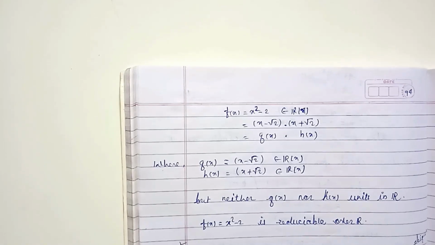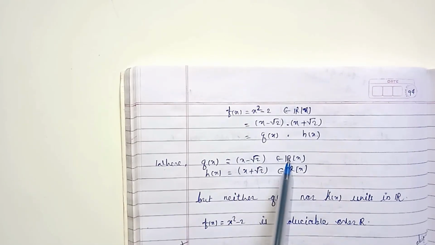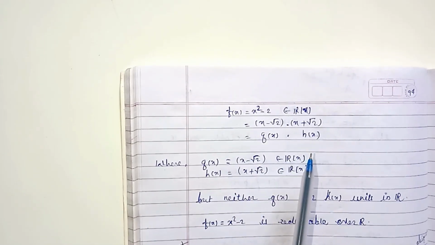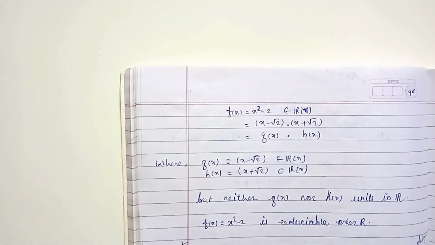Our definition of the irreducibility criterion says that the factors of f(x), which are g(x) into h(x), should not be there in R[x]. If they are not there in R[x], then we say that our polynomial is irreducible. But here we got the inverse condition. The polynomial factors of our polynomial belong to our R[x].